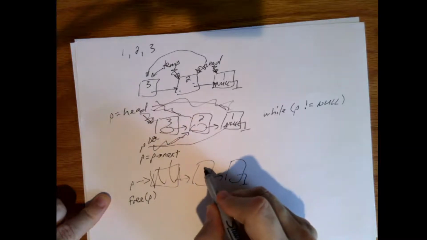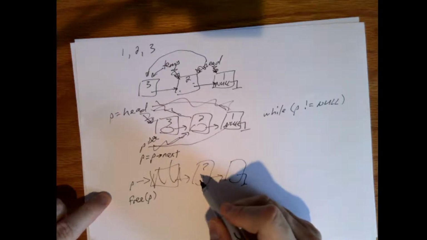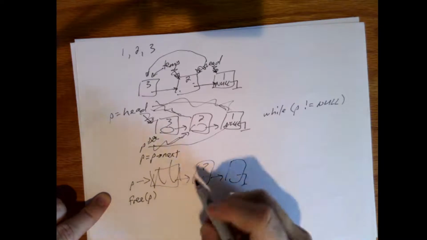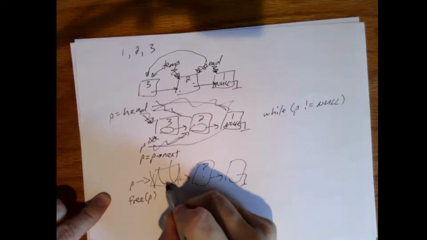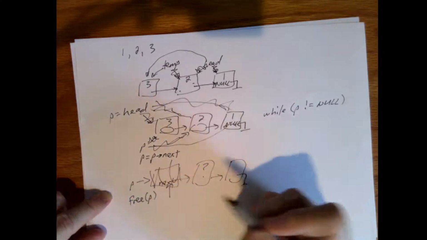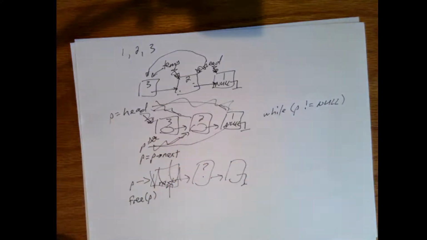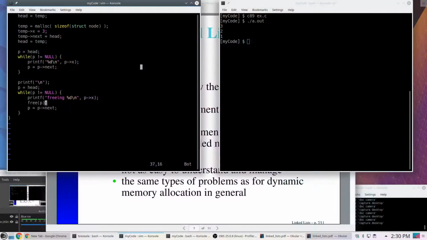Where's this block at? I don't know. So before I free this, I need to save the address of the next and then free this. So now I'm going to do this. temp equals P next, and then I'll say P is equal to temp.